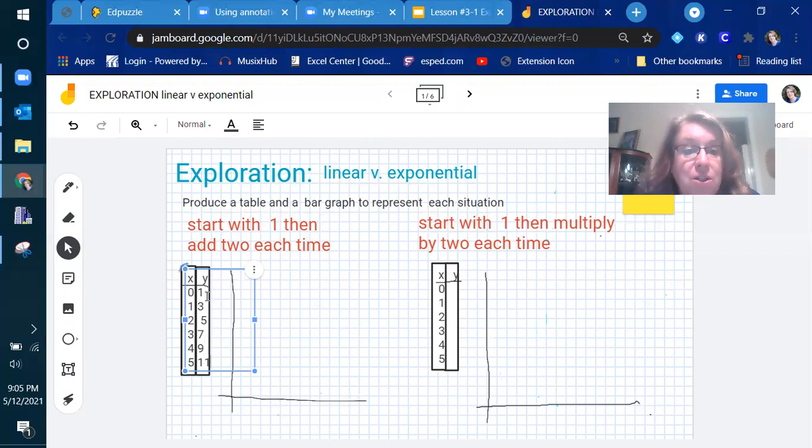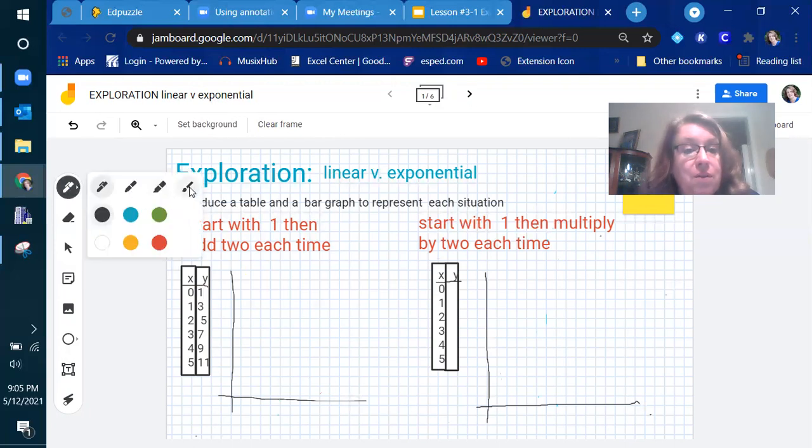As I go down each time on this side, and this is where the action happens from here, add 2, add 2, add 2, add 2, add 2. And again, the 0 marks the starting point. So I think I found this works best.